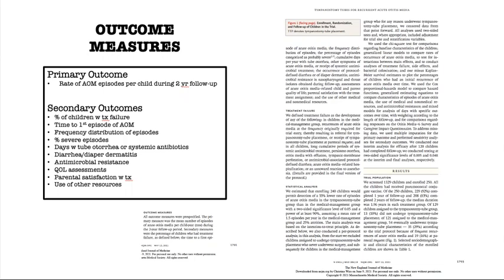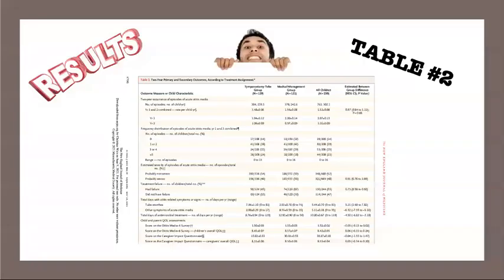So how often they were receiving those episodes, the percentage of severe episodes, days with tube otorrhea or systemic antibiotics, diarrhea or diaper dermatitis, antimicrobial resistance, quality of life assessments based on family questionnaires, parental satisfaction with the treatment, and the use of other resources needed by the family. Okay, so those are all outcomes that they're measuring in this study.